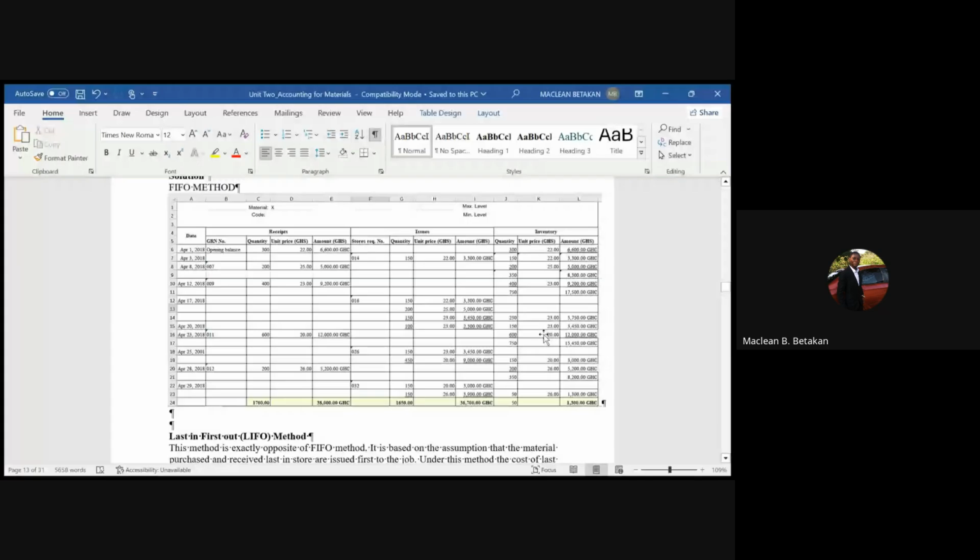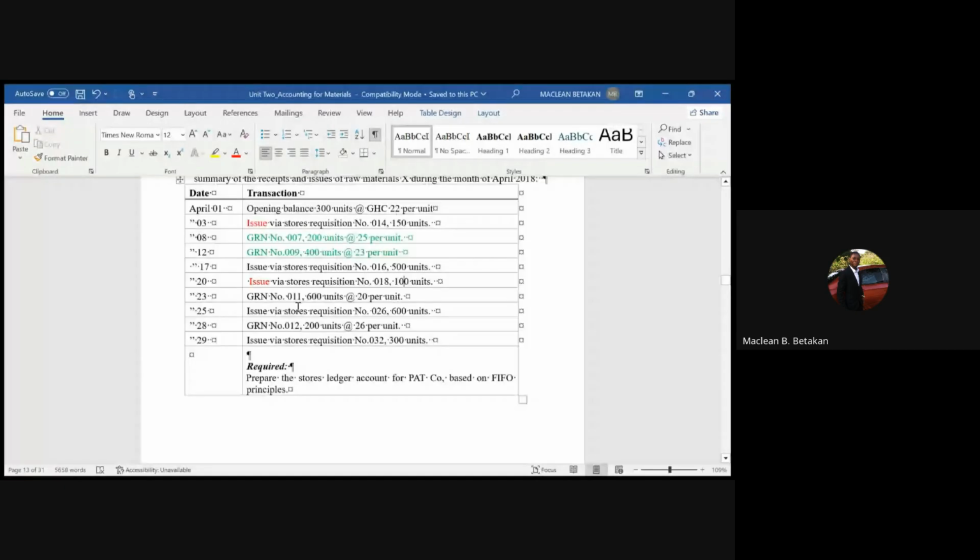Right? So you carry the same to the inventory or the balance. So you have 600, 20 cedis, 12,000. Remember, you have 150 left. You add it to 600, you get 750. Then 12,000, you add it to 3,450, you get 15,450. So that is what we have at the end of 23rd April.